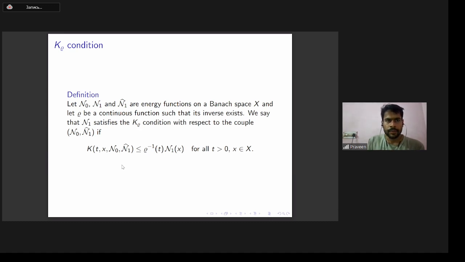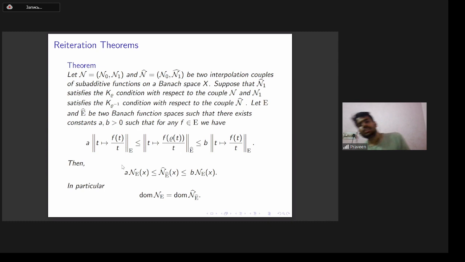So using this K rho condition, we have certain reiteration theorems. In the first reiteration theorem, the first couple that we are taking is a couple of functions N naught, N1. These two functions satisfy one more property, that these are subadditive functions on the Banach space X. And the second couple we are taking is N naught, N1 hat.